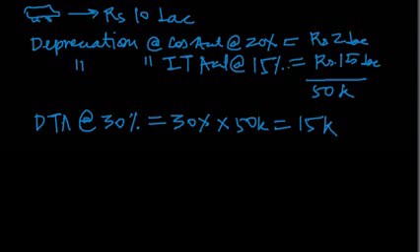This 15,000 will be recorded as deferred tax asset on the company's balance sheet under the asset side. What this 15,000 of deferred tax asset means is that the company will definitely have a tax refund of that much in the future years.